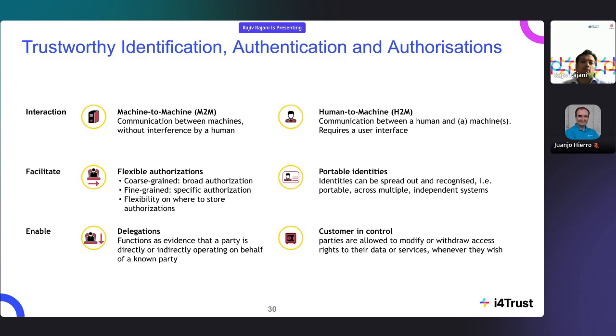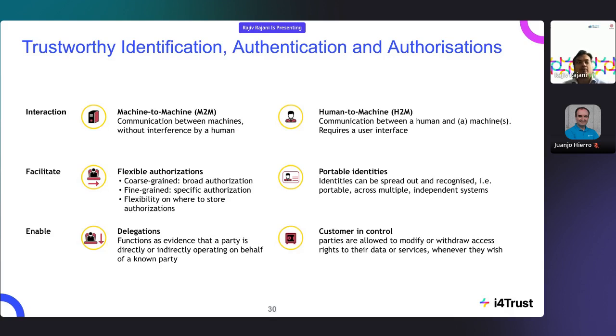What is facilitated is that, irrespective of which policy language you use and how you determine certain authorizations and usage controls, flexibility is provided in terms of how you exchange that information by defining a standard API interface for that.